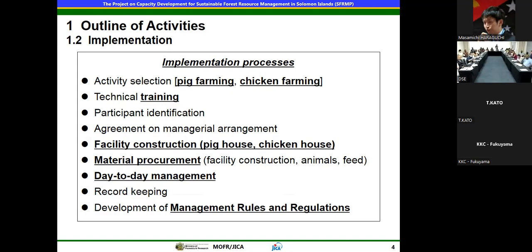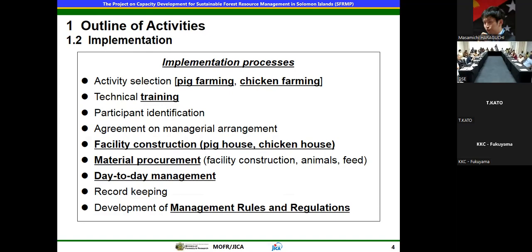Then we move on to the agreement on the managerial arrangements for the activity, and the facility construction for the pig house and chicken house. In fact, there are two activities that we implemented. Firstly, pig farming, so we began with the construction of a pig house.